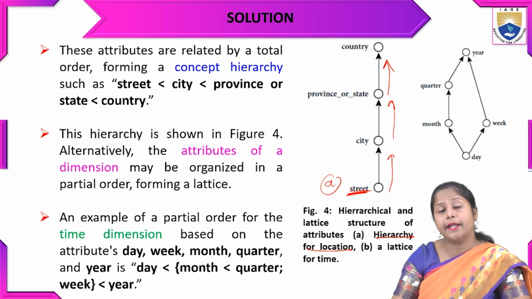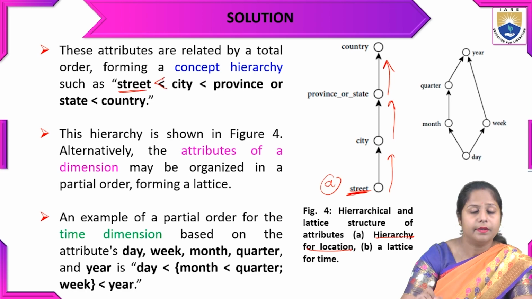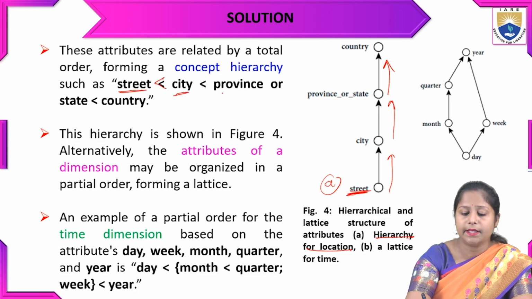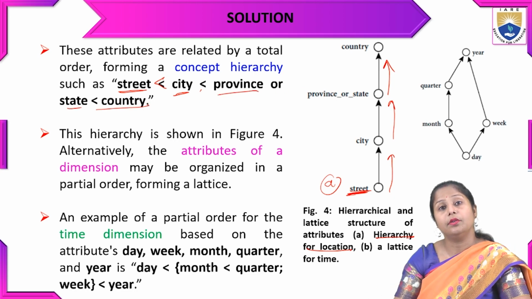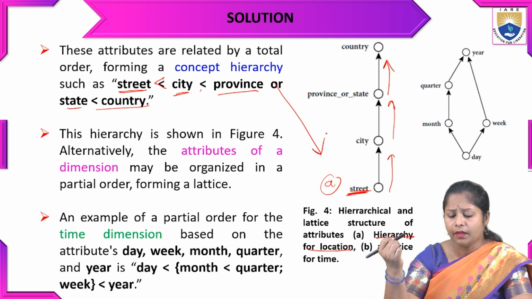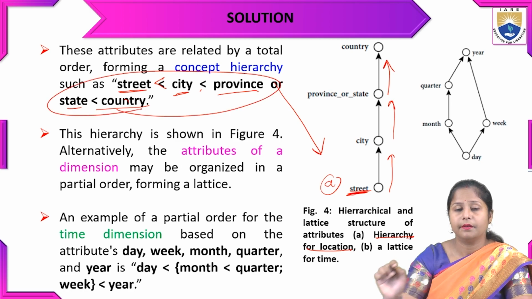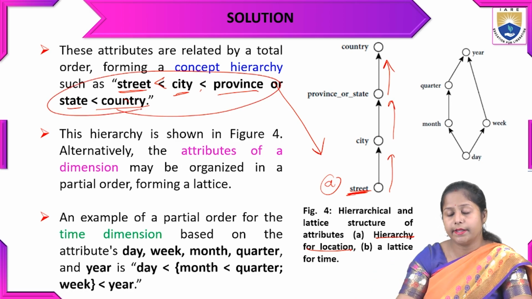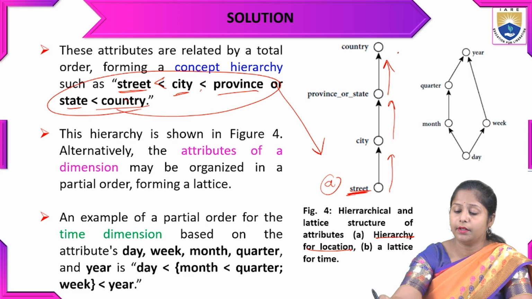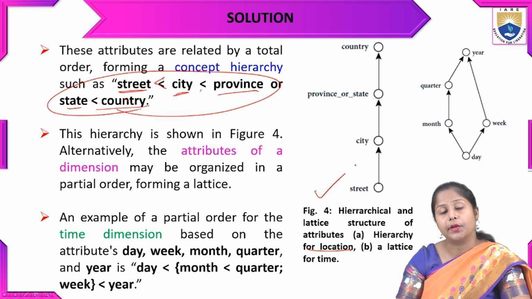The concept hierarchy would be written in double quotes as street, city, province or state, and country. So we have to write it like this and draw the structure like this for location.